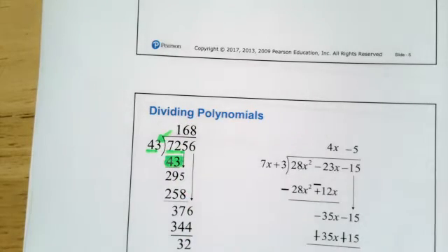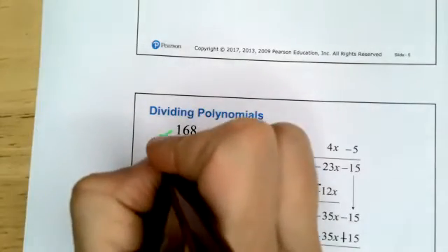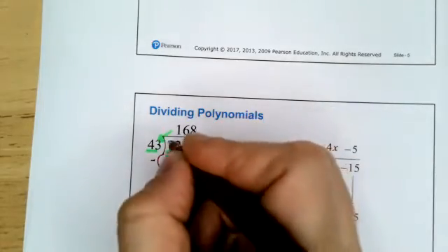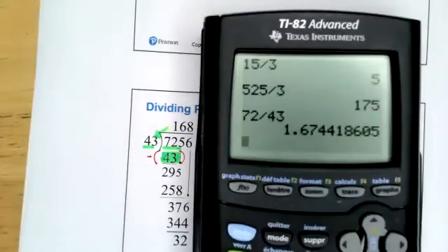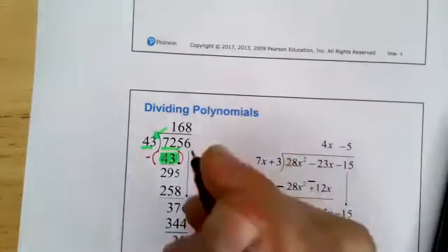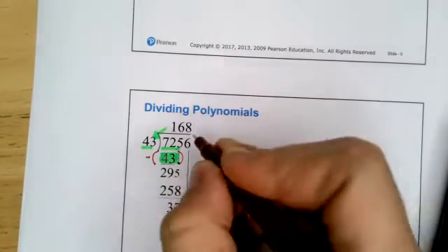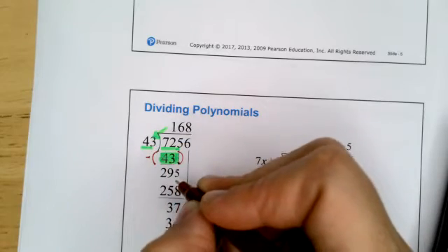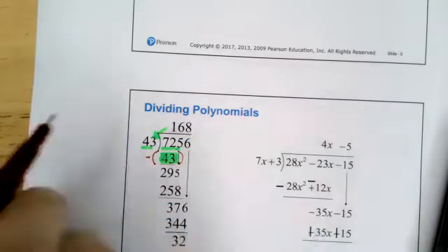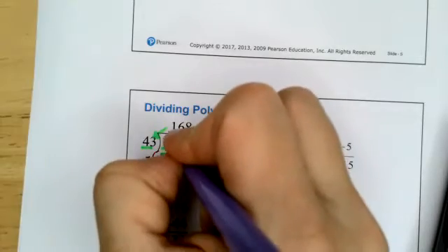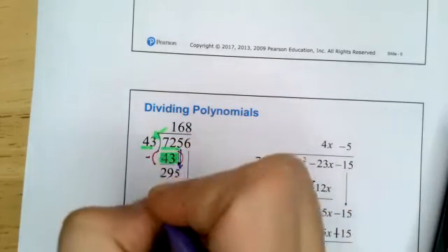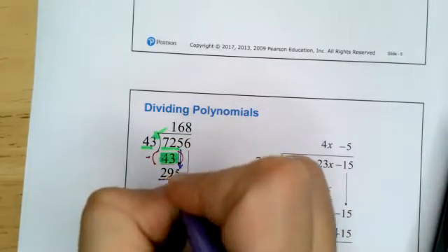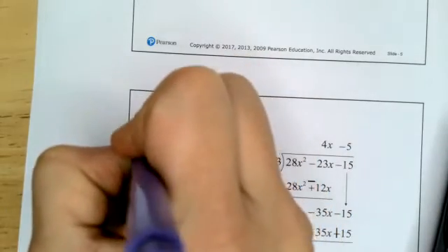Again, remember, you're subtracting. 72 minus 43 is 29. That's how we got that 29. Now, I can't take 29 and divide it by 43, so I'm going to bring down the 5. Now I'm going to take 295 and divide it by 43.